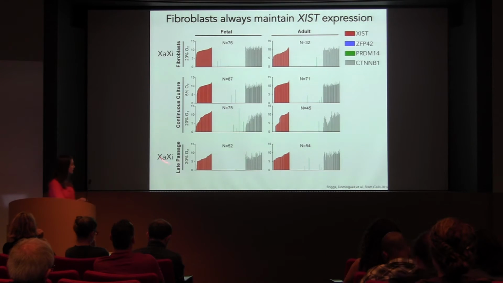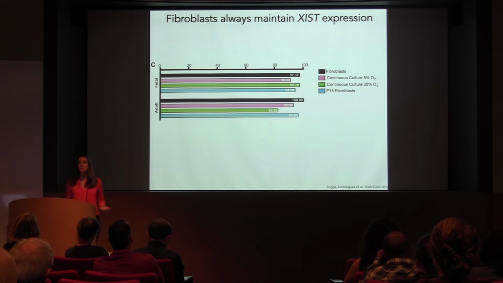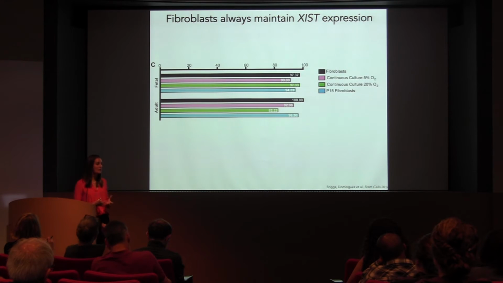And even if we culture them out to late passage, they still are able to maintain XIST expression and an inactive X chromosome. And so again, just to look at it in terms of the percentage of cells expressing XIST, we don't see a significant change over time, really suggesting that the loss of XIST is something that's specific to induced pluripotent stem cells and specific to pluripotent biology.